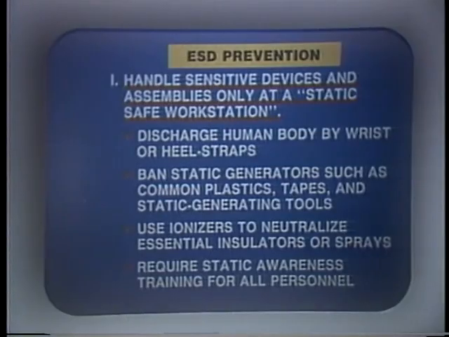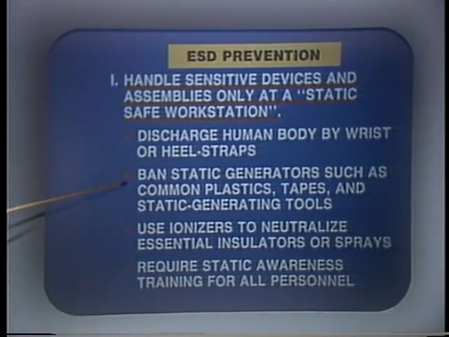So now comes the serious question: what can be done to prevent static zap? The first thing that can be done is to set up static-safe workstations. Let's examine what that might consist of. A static-safe workstation can be anywhere: in receiving, the stockroom, assembly, test, even at the customer's facility. The important points are, first, to discharge the human body by means of a wrist or heel strap.